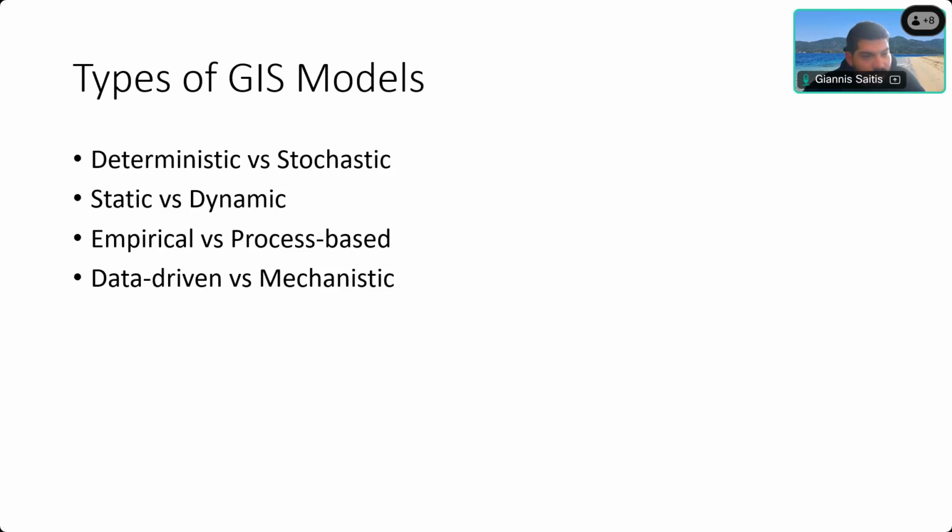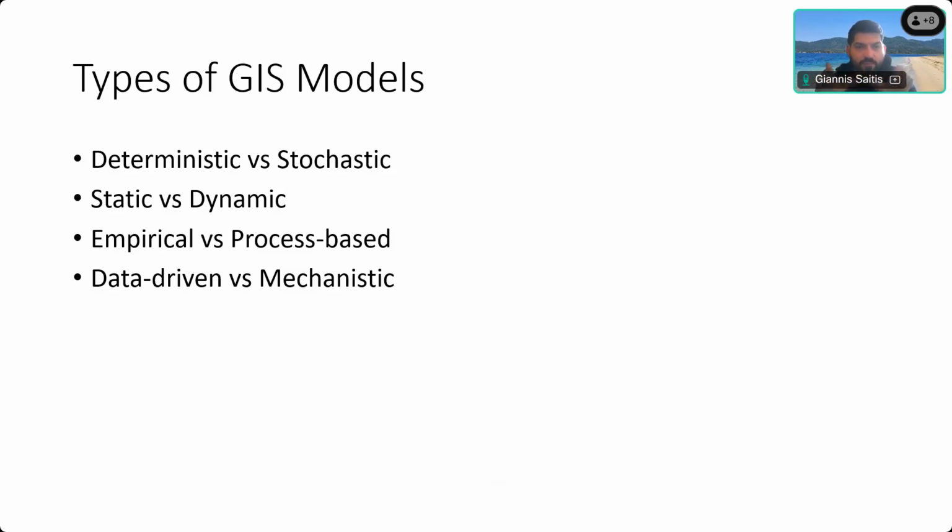Okay. We have also the static and dynamic. So static are models that refer to a moment, and they don't change through time. Okay. So we don't have any time evolution.